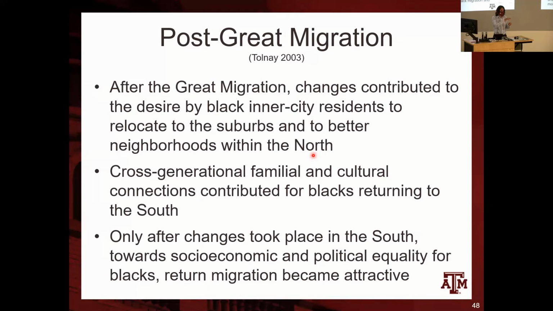Only after changes took place in the South towards socioeconomic and political equality for Blacks did return migration become more attractive. Of course, we don't have complete equality when we're talking about socioeconomic and political issues, but it's a situation in which they are living better now than in the 1910s, 1920s, and 1930s.